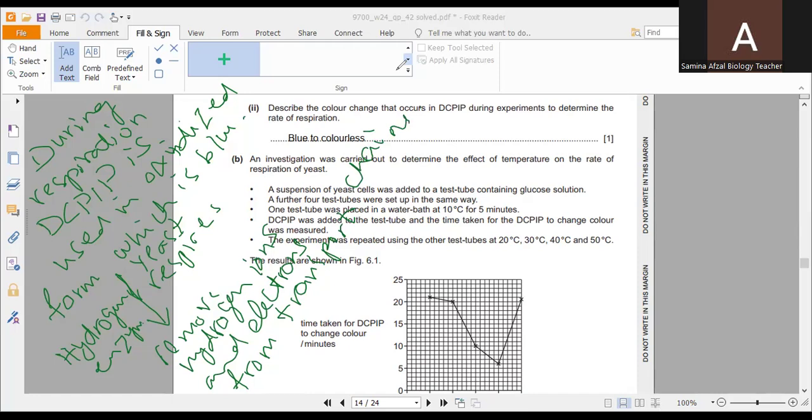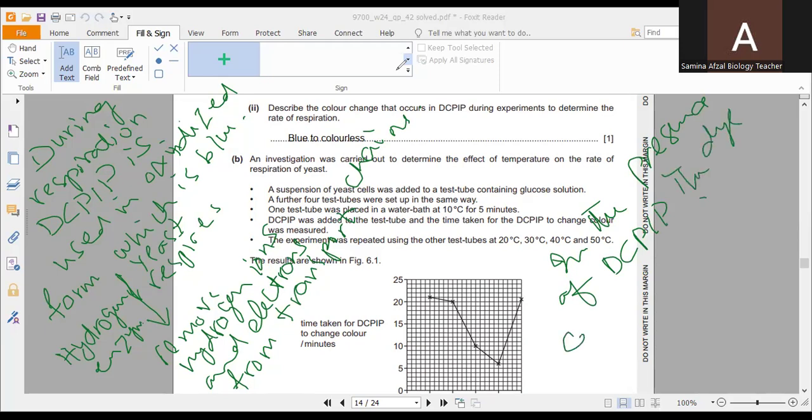So in the presence of DCPIP, the dye can accept these electrons, becoming reduced.